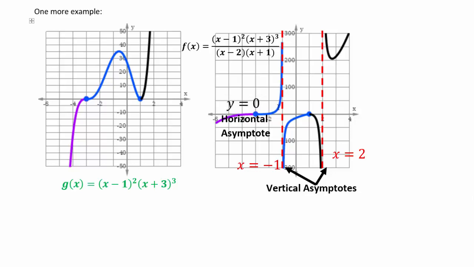And so that happens all the way until 2. And then after 2, it's all positive, so it's all going up again. But you can see that at x equals 1, you still have a parabolic behavior. At x equals negative 3, you still have a degree 3 behavior. So the denominator set to 0 gives you a vertical asymptote.